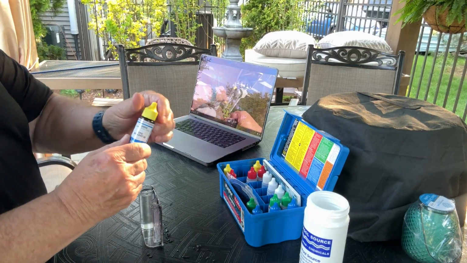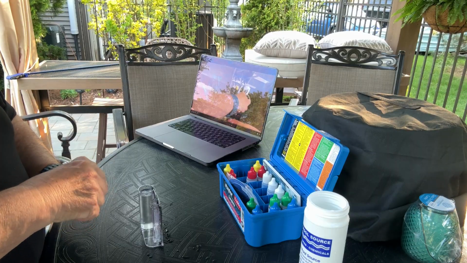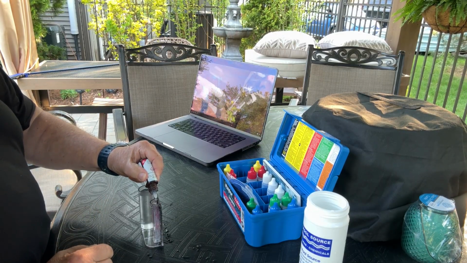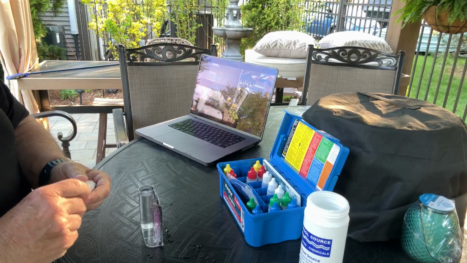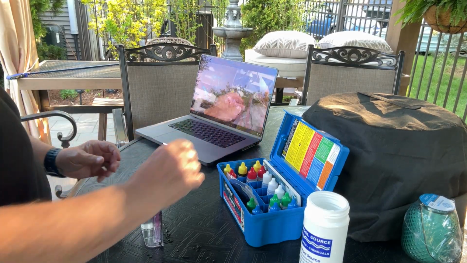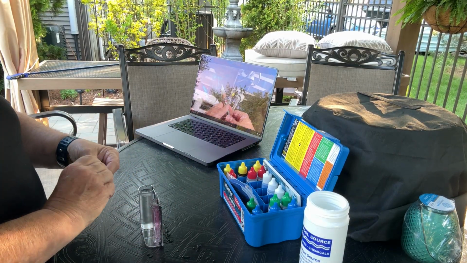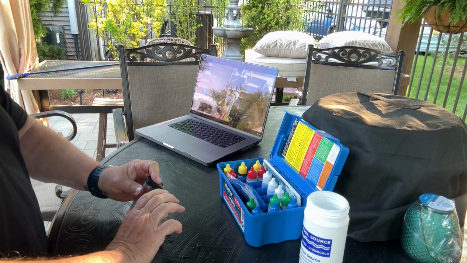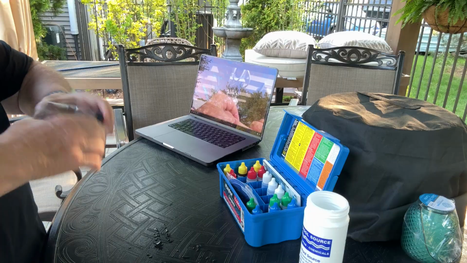And 5 drops of R002. I'd like to keep the chlorine in here about 3 parts per million at this stage. So let's cap this and invert it. We'll see what we're at.